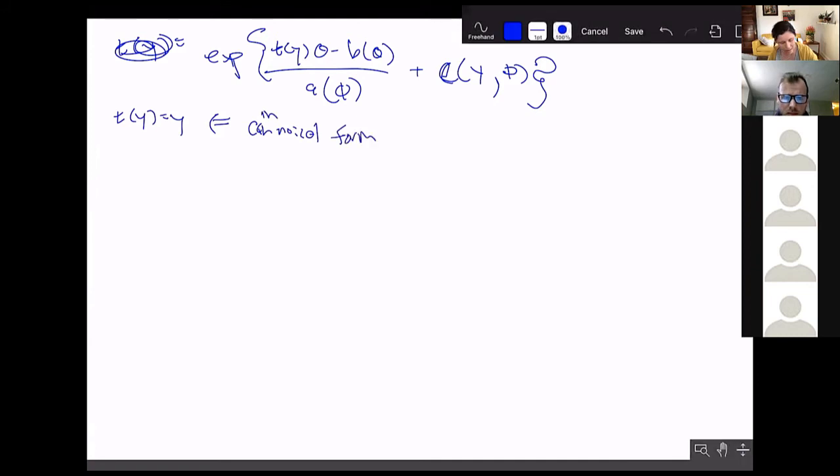But the canonical link: theta is going to be equal to something here, right? Say your original parameter is lambda, theta is going to be some function g of your lambda, some function of the original parameter. And this is the canonical link.